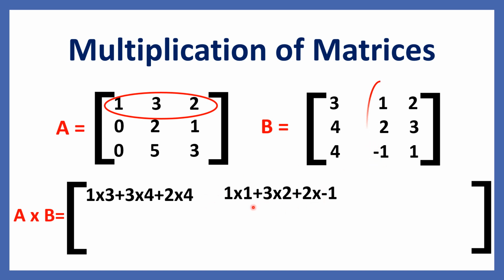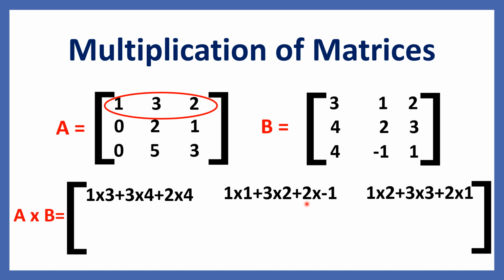Next, we are considering the first row of matrix A and third column of matrix B, and the values we get are 1 into 2 plus 3 into 3 plus 2 into 1. So, we got all the elements in the first row.